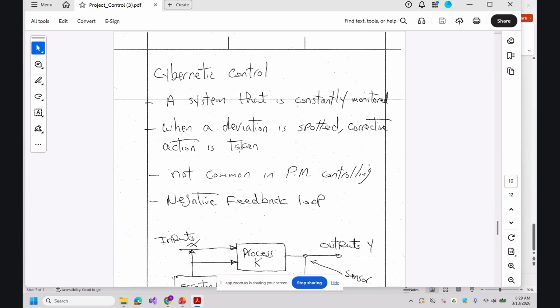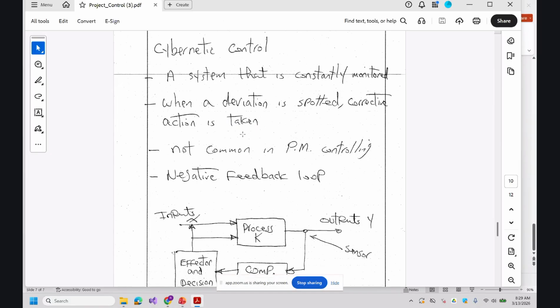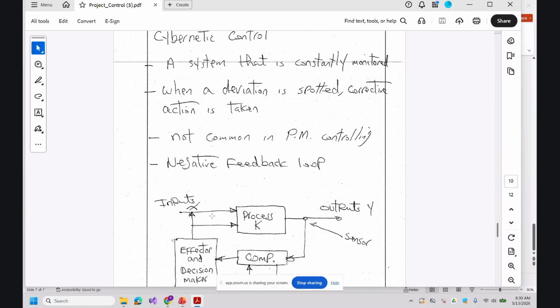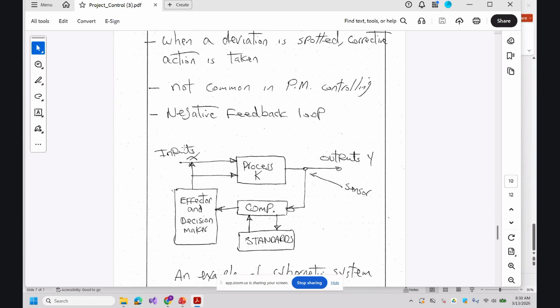There is a more advanced method. It is computer based, called cybernetic control. It is based on this architecture. You continuously monitor the health of your project using some computer system. So this is done continuously. As you see here, you have your inputs, and you have your effector and decision making also as an input coming into this computer system.